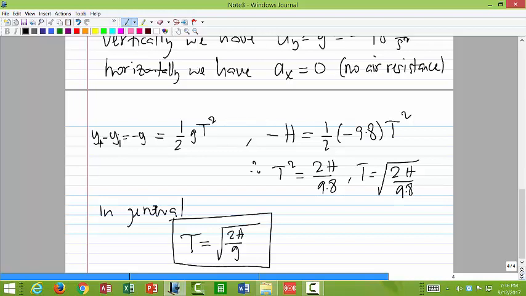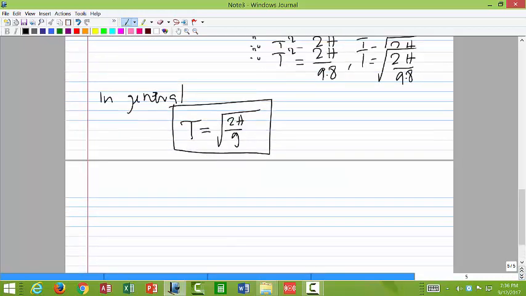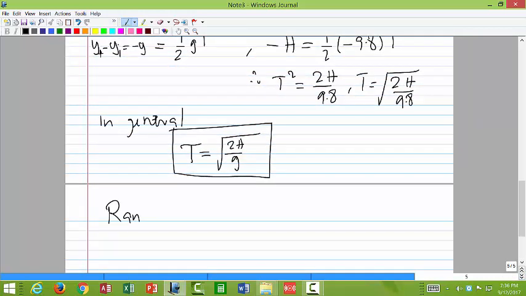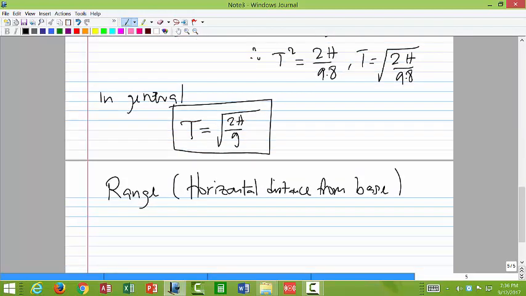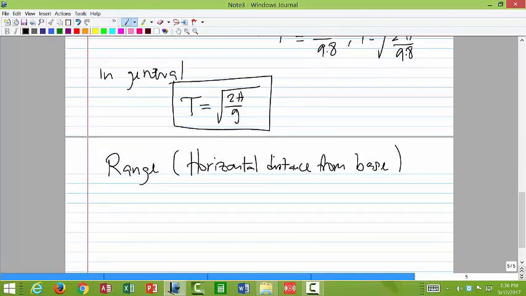Any questions on that? Knowing this time, we can now calculate the range. The range means the horizontal distance traveled, the horizontal distance from the base. Horizontally, delta x is equal to v initial x t plus half a x t squared.